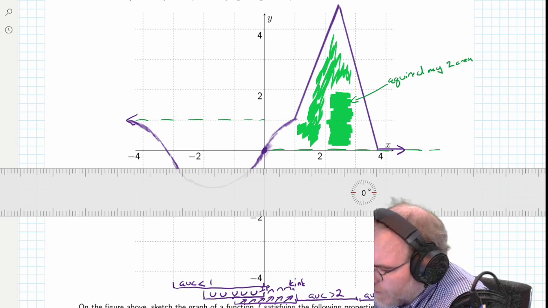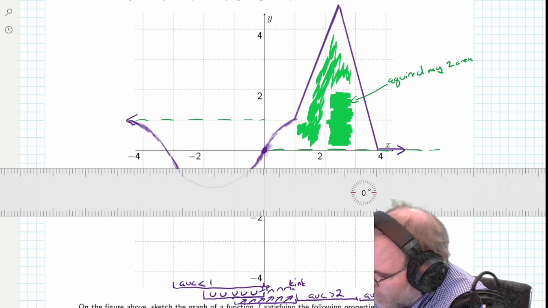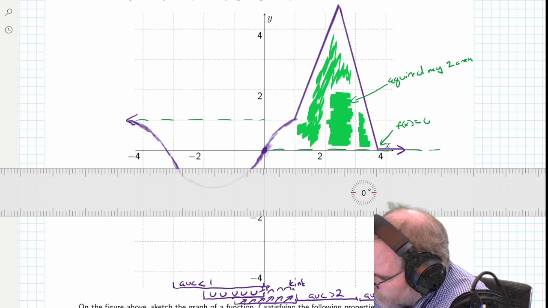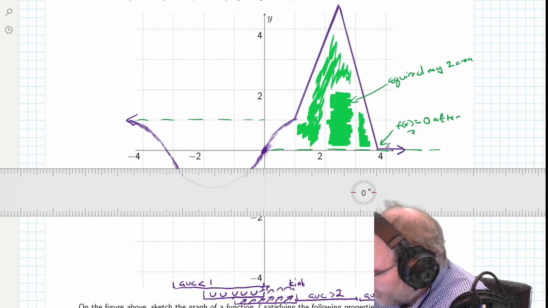So I've acquired my 2 area. After, what is that, 3.8?